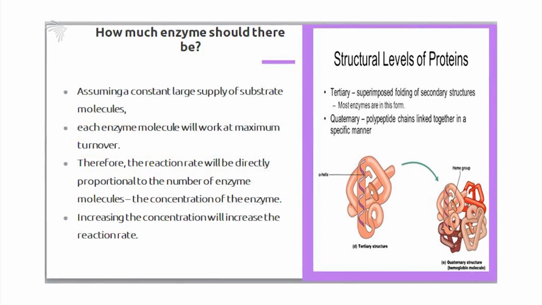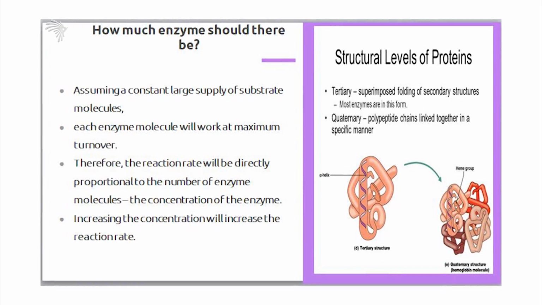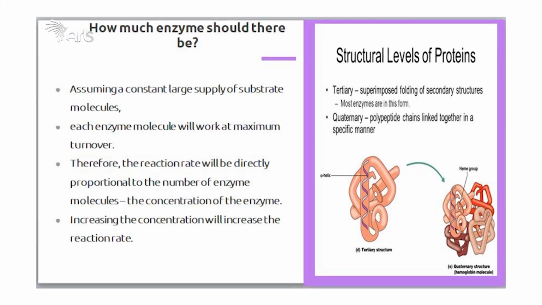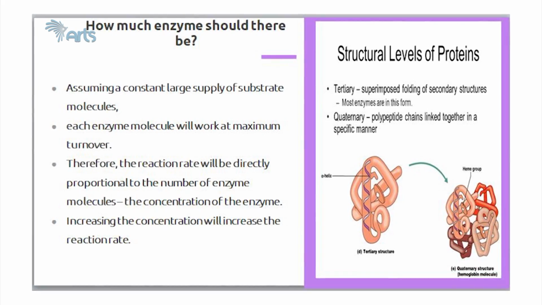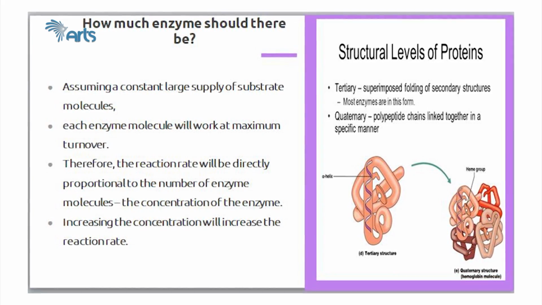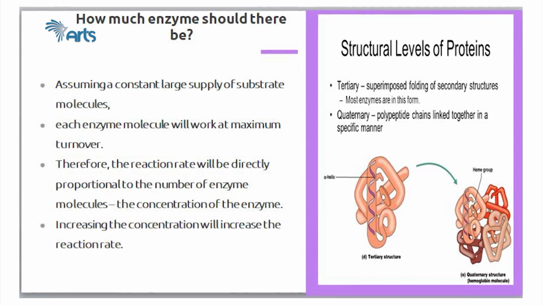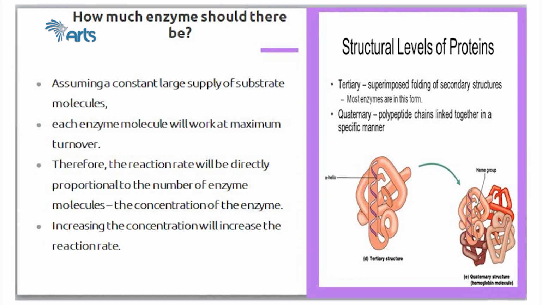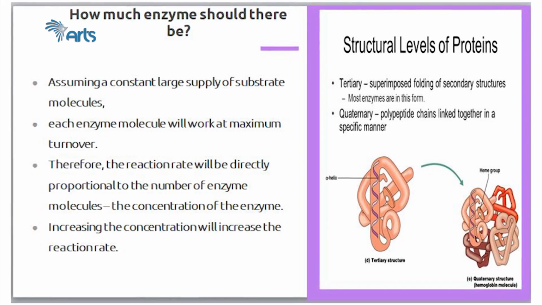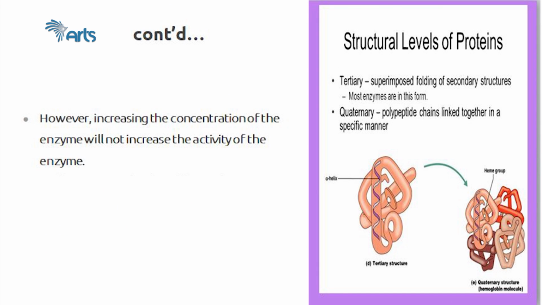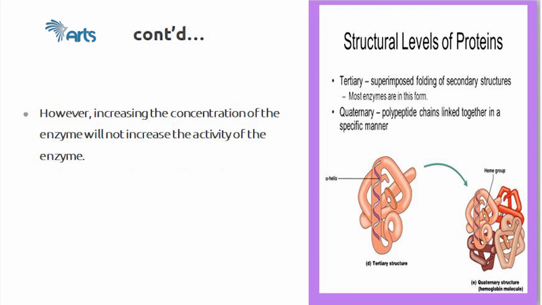How much enzyme should there be? Assuming a constant large supply of substrate molecules, each enzyme molecule will work at maximum turnover. Therefore, the reaction rate will be directly proportional to the number of enzyme molecules, the concentration of the enzyme. Increasing the concentration will increase the reaction rate. However, increasing the concentration of enzyme will not increase the activity of each enzyme.